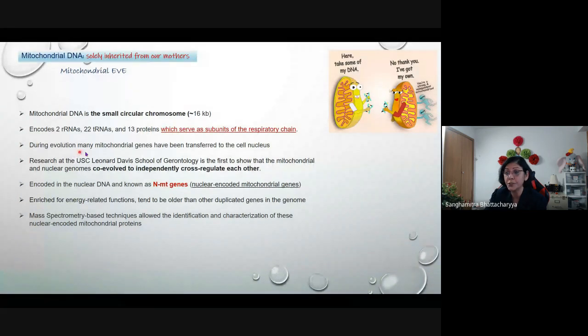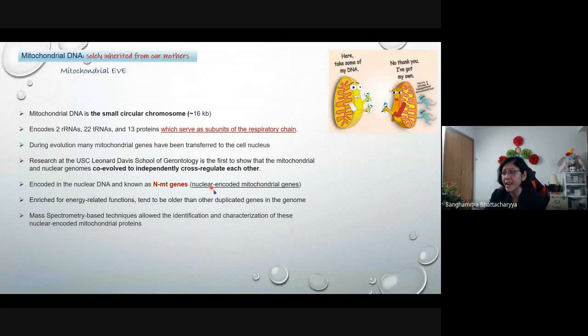Interestingly, during evolution, many of these mitochondrial genes have walked into the cell nucleus. This has been shown for the first time by the Leonard Davis School of Gerontology, that the mitochondrial and nuclear genomes both co-evolved to independently cross-regulate each other. They are encoded in the nuclear DNA and are referred to as nuclear encoded mitochondrial genes.